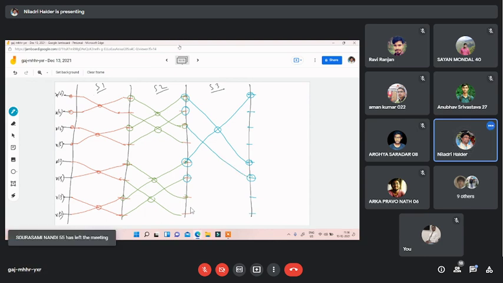Sorry, it's wrong. For this case, 1, 2, 3, 4. So that will be connected to that. So this will be connected to this. This is your second butterfly. Similarly, this will be connected to 1, 2, 3, 4.